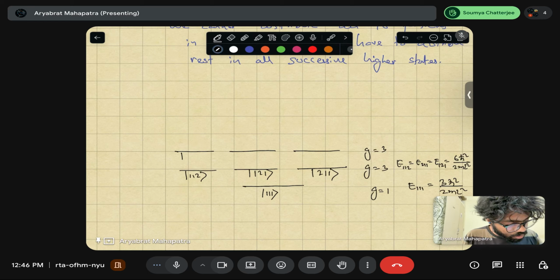These are your 1 2 2 quantum numbers, and this is 2 1 2, and this is 2 2 1.